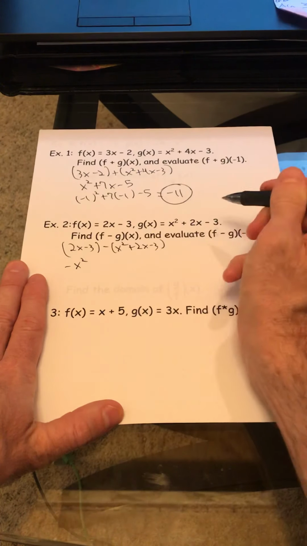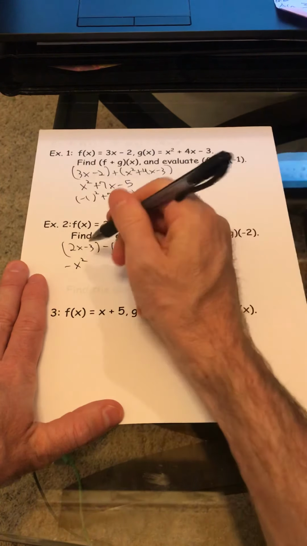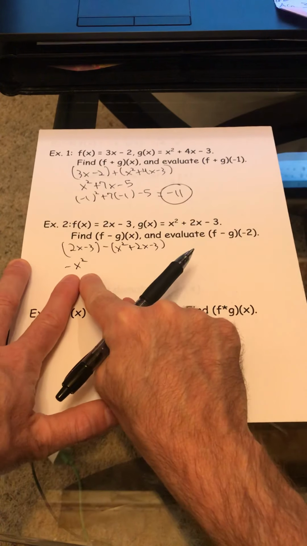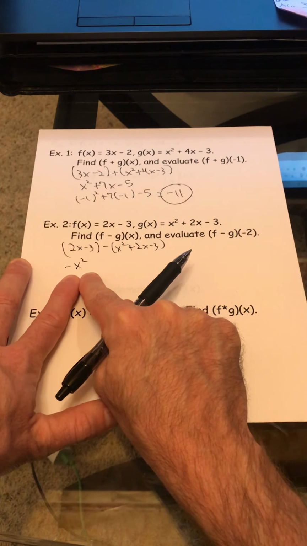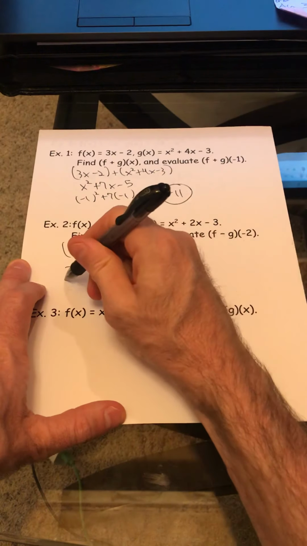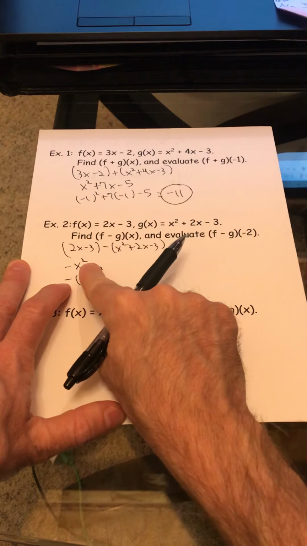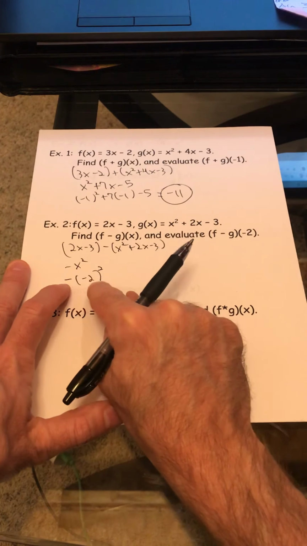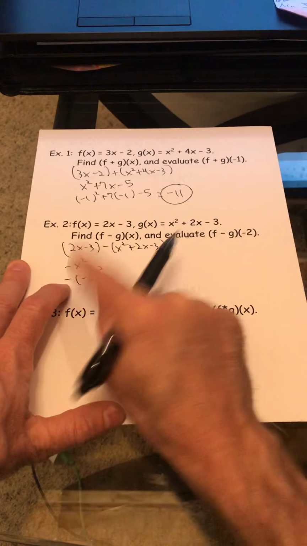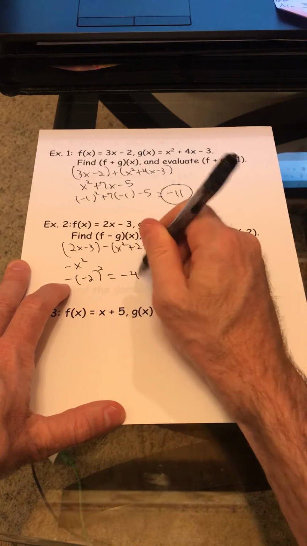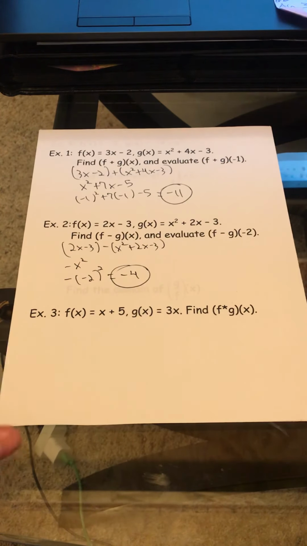And negative 3 minus negative 3 also cancel. So the difference of the two functions is just negative x squared. When we now evaluate, the two negatives do not cancel. You square it, then take the opposite. Negative 2 squared is 4. The opposite is negative 4.